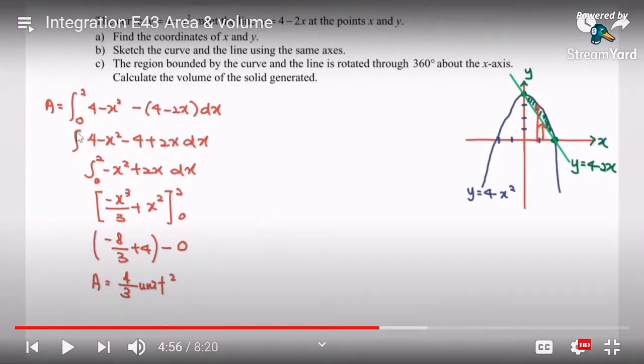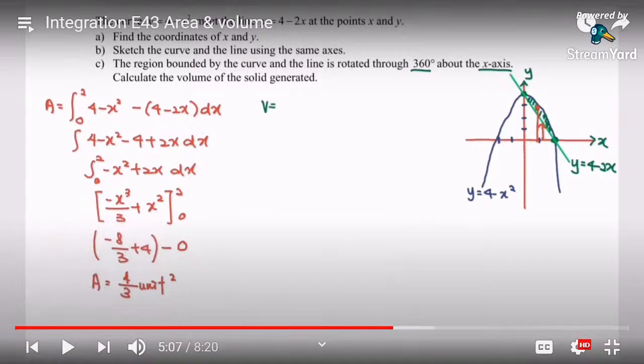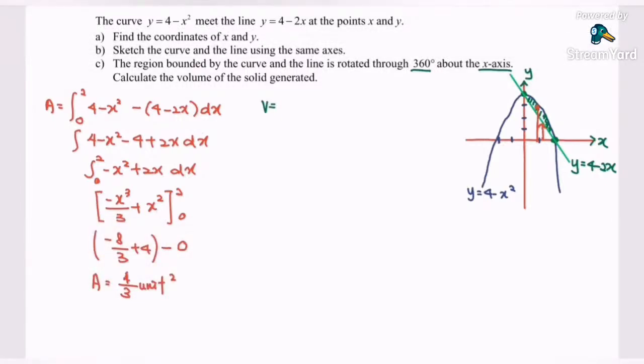So, beza dia adalah depan ada pi, kemudian sini kena bracket square, kemudian sini bracket pun square kalau untuk volume. Okay? So, sekarang saya akan mula volume. The situation, meaning that volume equals to pi integrate y sub 1 square minus y sub 2 square with respect to x.